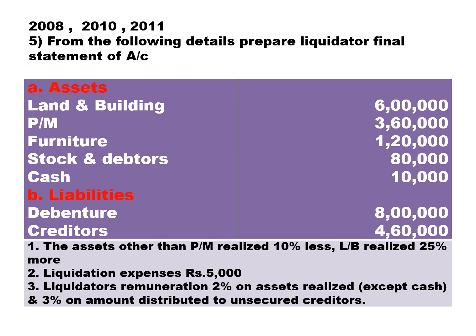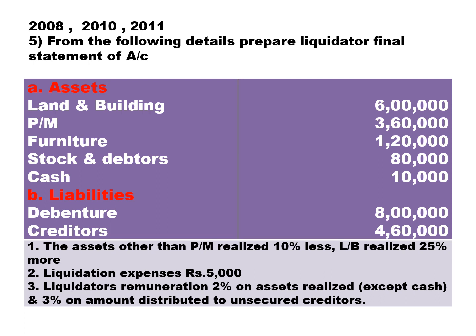Land and building realized 25% more, which means it is realized at 125%. Then we have liquidation expenses of 5,000. So we have a fixed realization expense, so-called liquidation expenses, of 5,000.